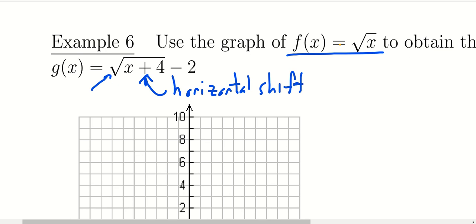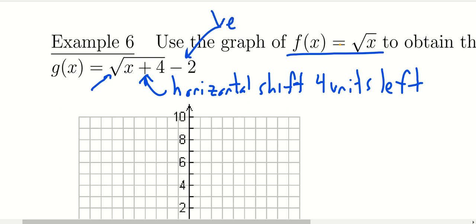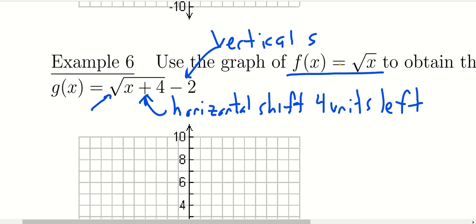Remember, horizontally, if it's adding 4, that's 4 to the left. So we're going to shift this 4 units to the left. And now we have a subtraction by 2 on the outside. That's going to be a vertical shift, and that will be down 2 units.